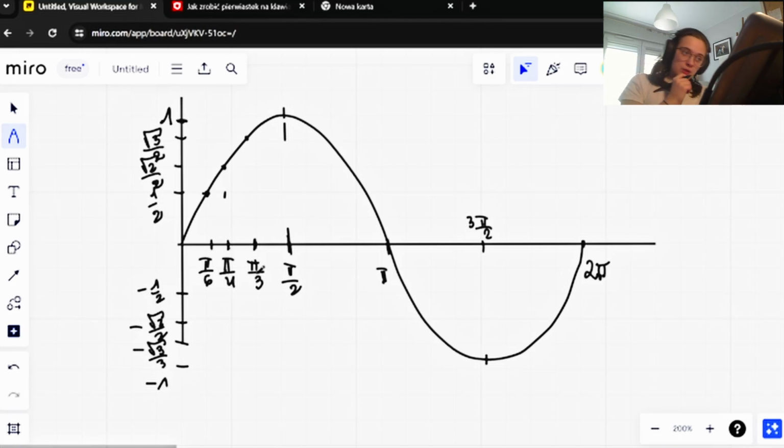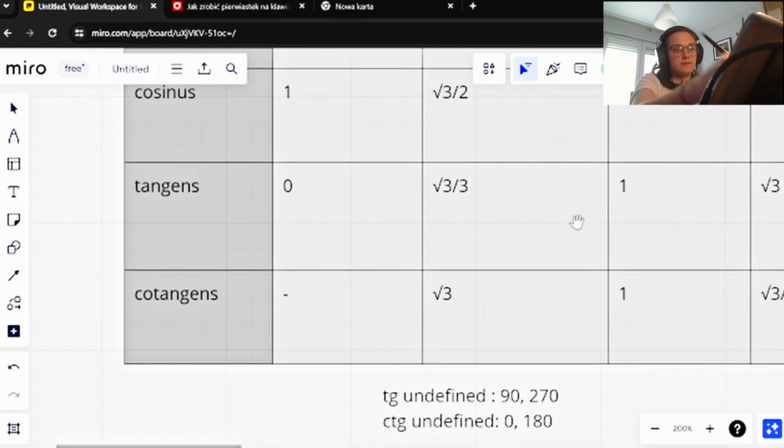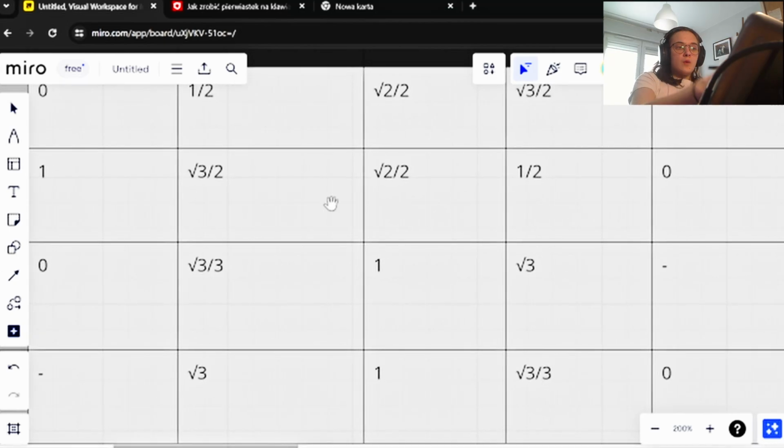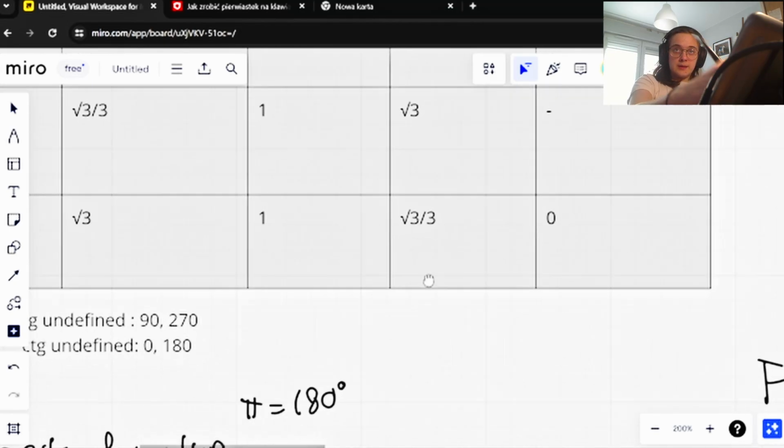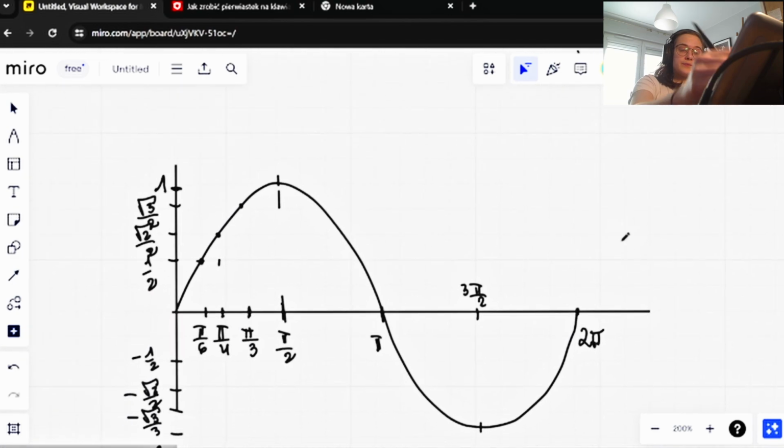You just need to know from the table what the angles are, and just divide 180 by these, and it will give you how many times you need to divide 180 to get our angle.